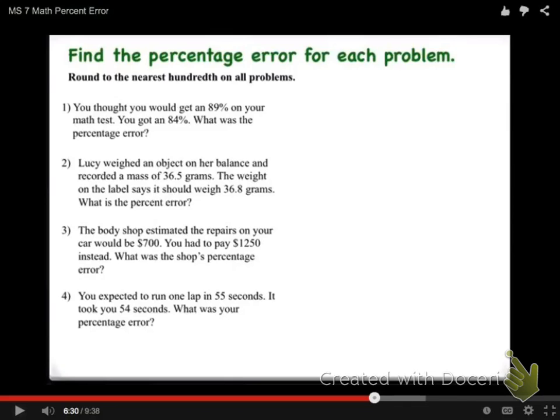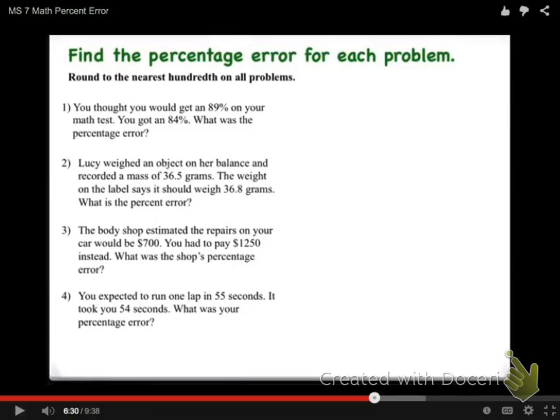Okay, when solving these problems, remember that we always want to find the error, which is the difference of the estimated or experimental value, or the guessed value, and the actual or theoretical value. So in the first one, you thought you would get an 89% on your math test. That's kind of what you were hoping for or guessing you would get. But what you actually got was 84%.